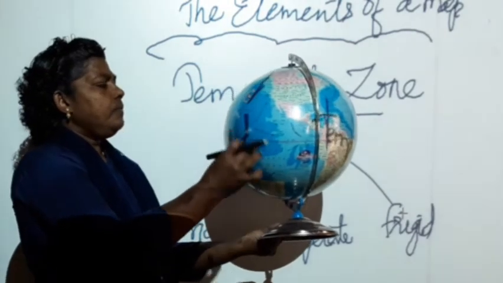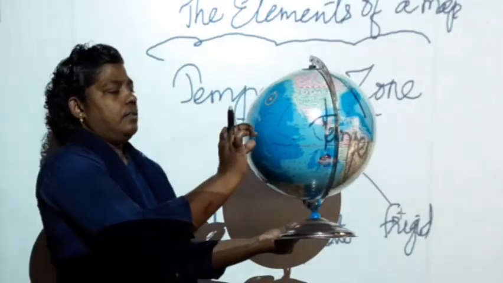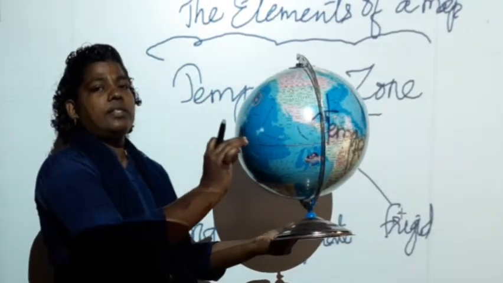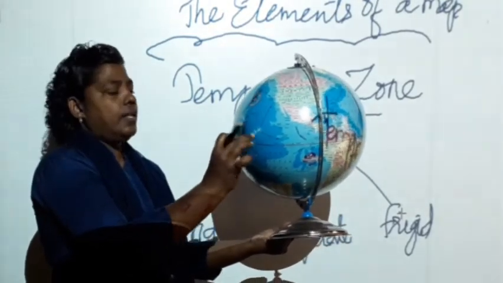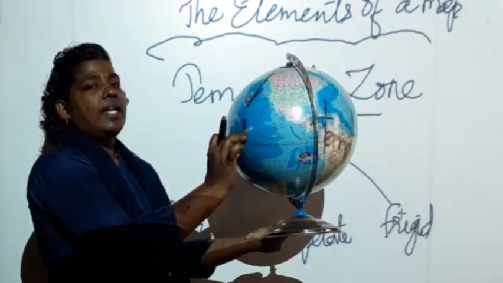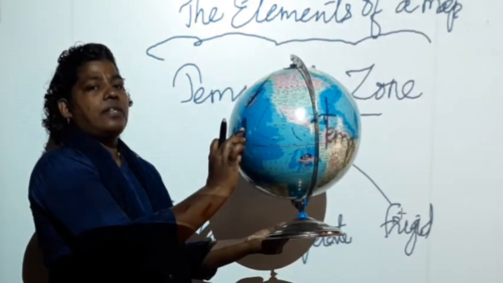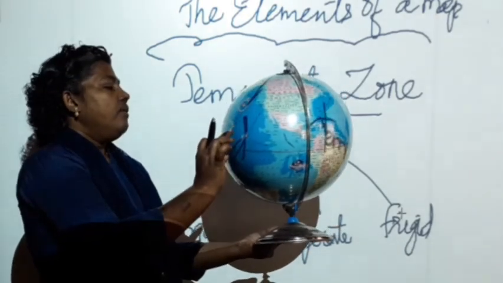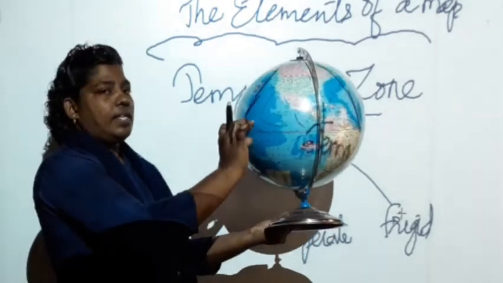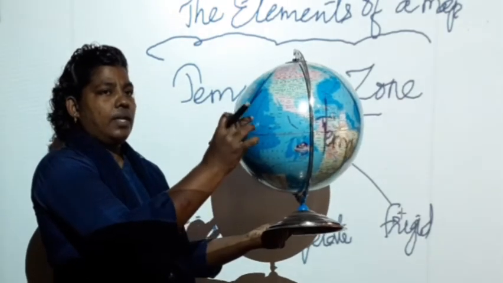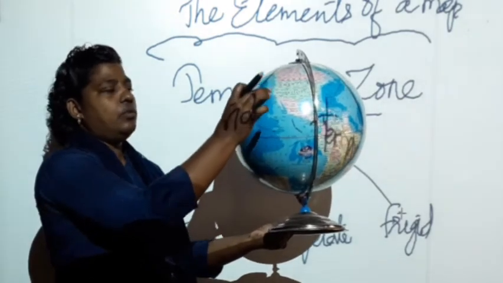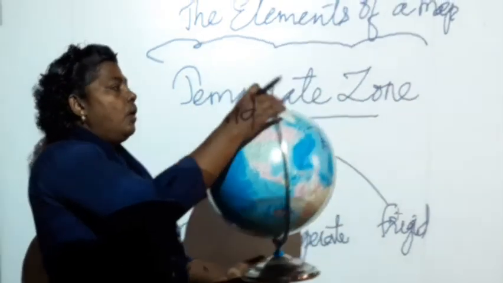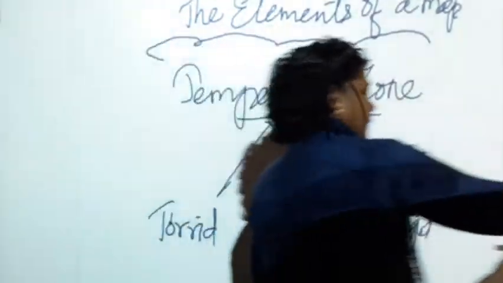The degree for every latitude is given in number, and this 0 degree latitude is called the great circle or equator. I already told you the equator divides the earth into 2 equal orbs.